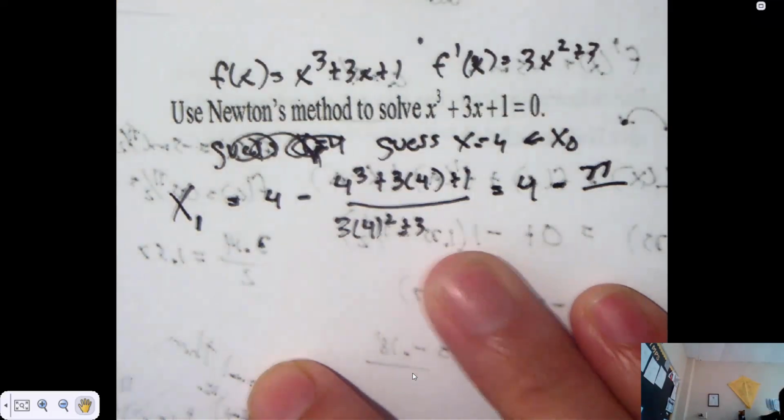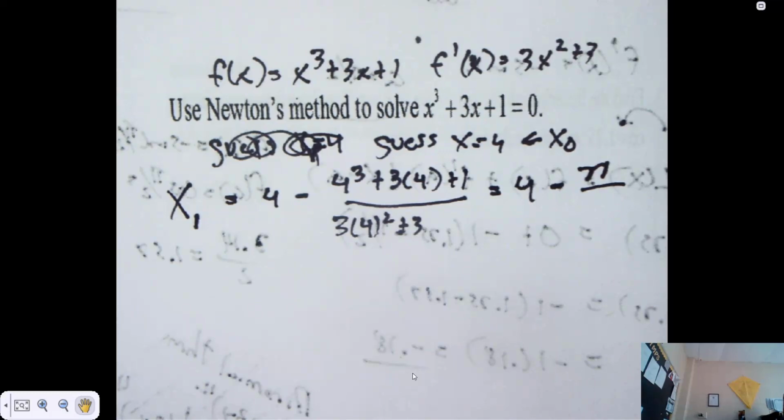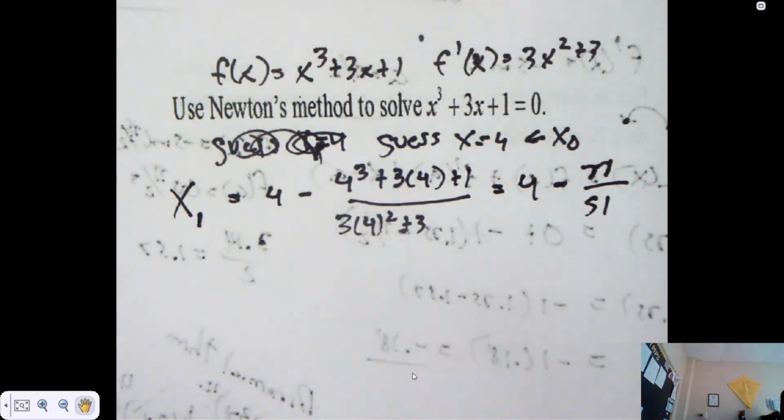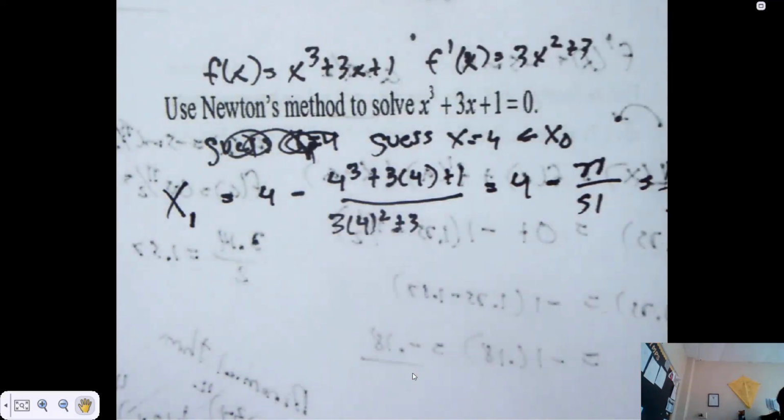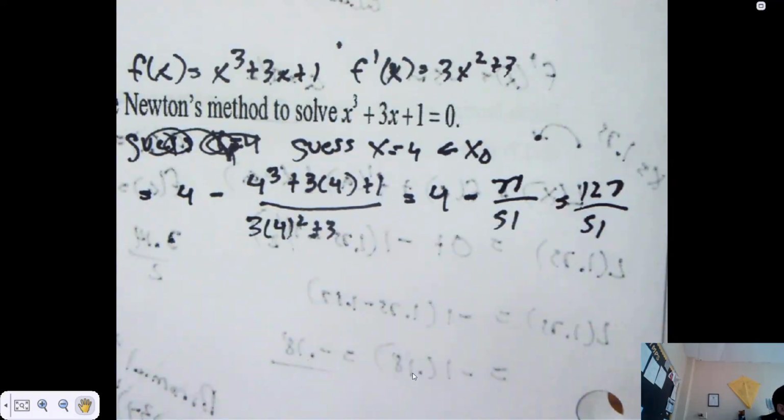So this is 4 minus 77 over the denominator: 4 squared is 16, 3 of those makes 48, plus 3 is 51. That's 204 minus 77, which is 127 over 51. That's the next guess.